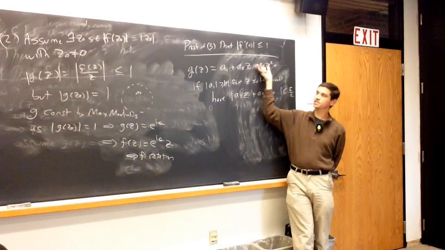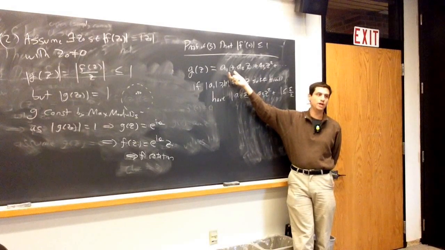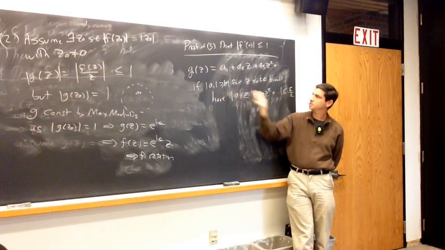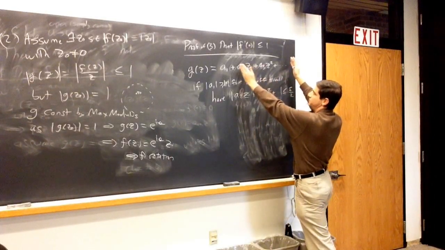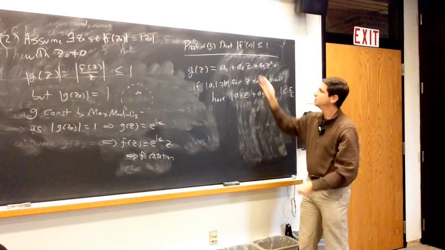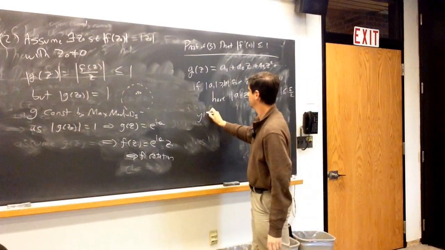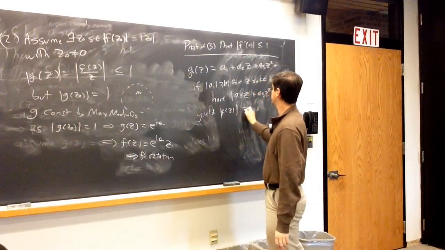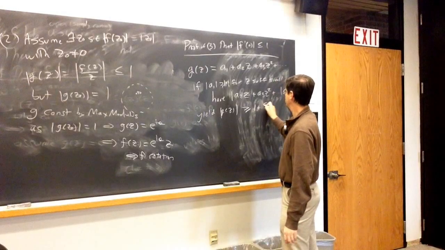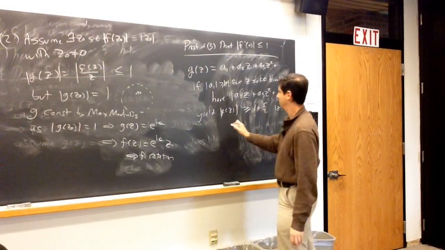Because this is going to go to 0 as z goes to 0. So if A1 is greater than 1 in absolute value, it's going to be at least 1 plus epsilon in absolute value. If z is really small, the best we could do is have this provide a negative epsilon over 2, canceling the epsilon a little bit, and this would yield g of z in absolute value is greater than or equal to 1 plus epsilon over 2 for z small. And this contradicts 1.